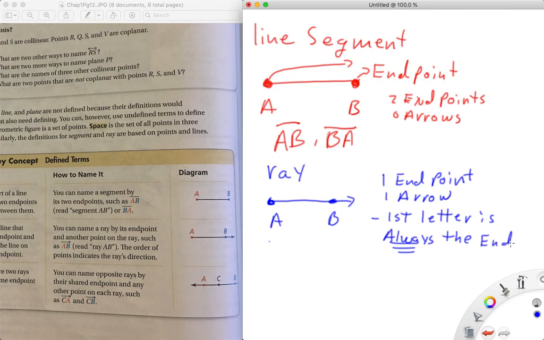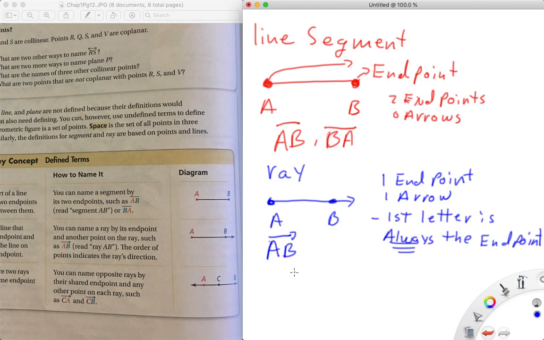So when I label this, since the endpoint starts at the letter A, I would label this AB, and I would put an arrow. So no arrow here, an arrow there, and that's how I label this ray.